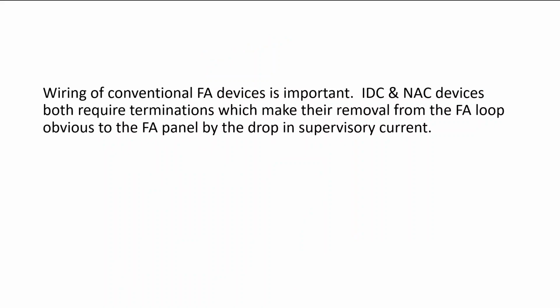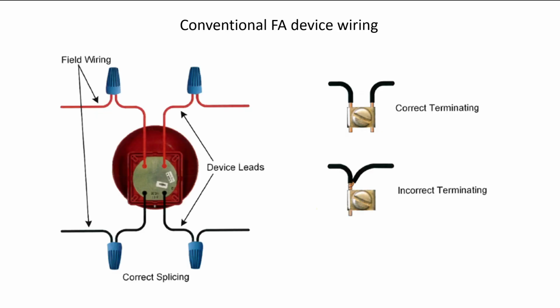Now, wiring of conventional fire alarm devices is important. IDC and NAC devices both require terminations which make the removal from the fire alarm loop obvious to the fire alarm panel by the drop in supervisory current. And that means that we always want to have independent terminations of every wire. So on this gong, which is a NAC device, there are 2 reds and 2 blacks.